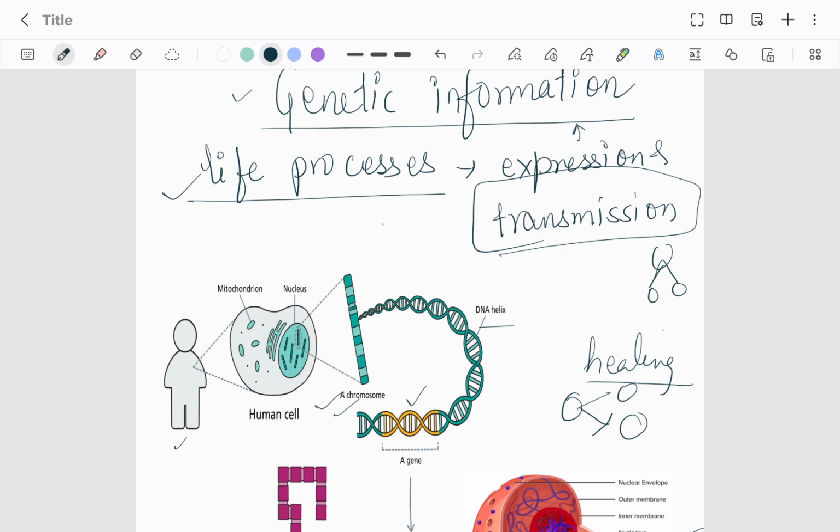So from one cell, multiple cells you got there to heal the injury, and the DNA in one cell was transmitted to the different cells. So that was also a process of life, healing, right? These simple things, digestion, healing, all these things involve the genetic information.